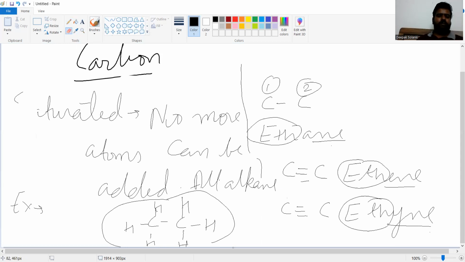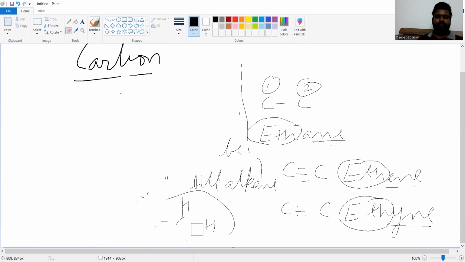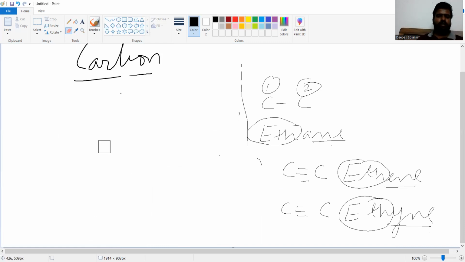Second one is unsaturated, in which a double bond or triple bond is there. There are spaces where we can add hydrogen also. So let me take an example.